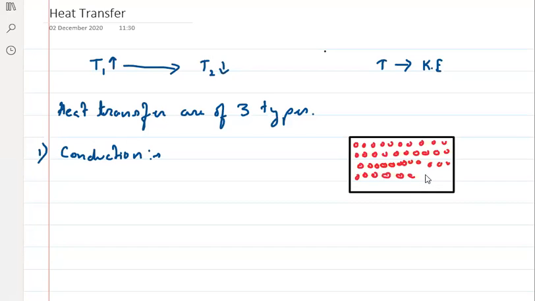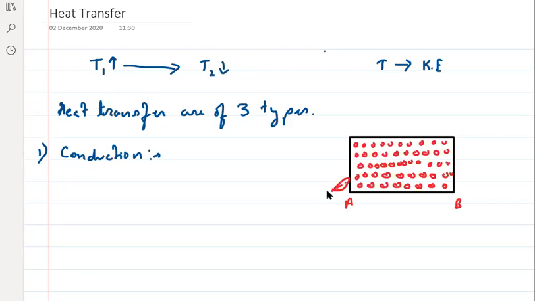This is one substance which is in equilibrium. Let's keep this point A, this point B, and keep point A on a flame, or give it temperature T1 because of some flame.